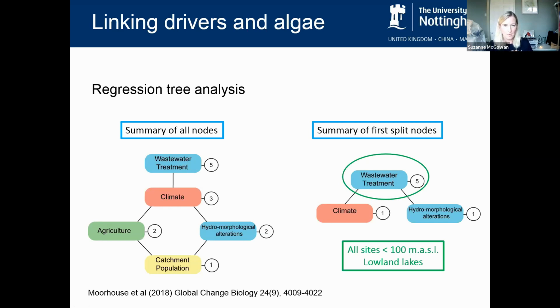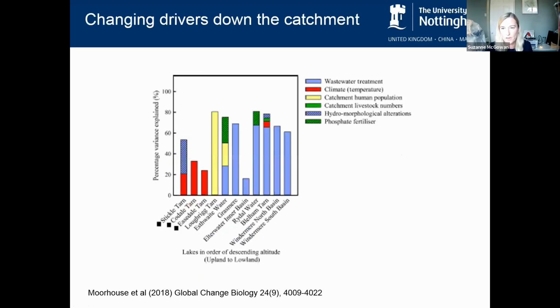So essentially, this is telling us that the rise in tourism and the development of infrastructure to support that was probably really important in the degradation in water quality throughout this catchment.